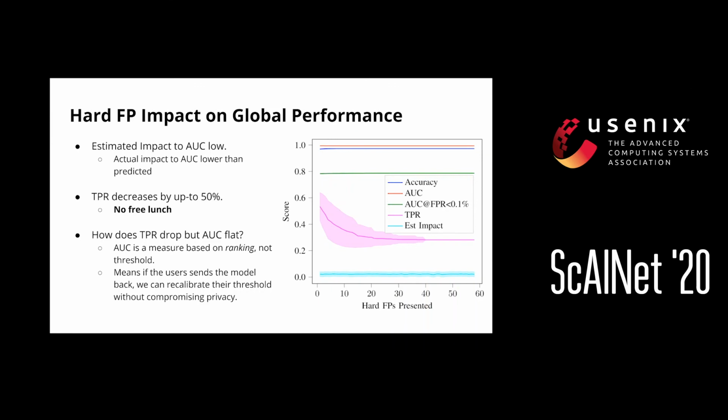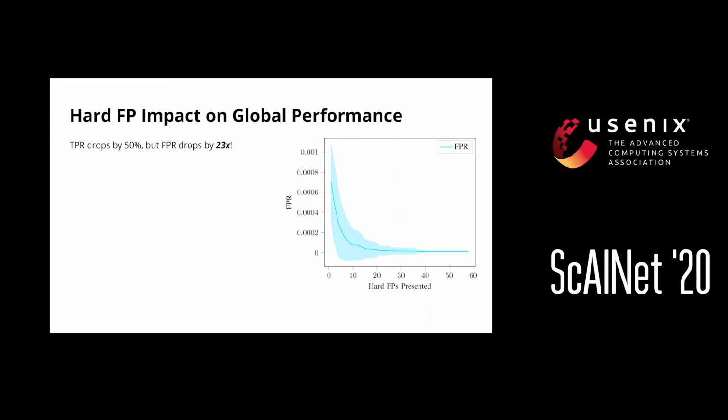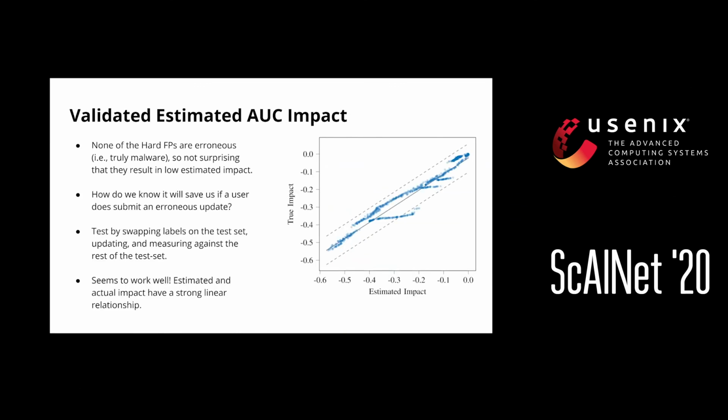Then we get exactly the same performance as before, but no hard false positives. So though the true positive rate does decrease by up to 50%, the false positive rate drops by 23 times. It's still a reasonable trade-off, especially when you have an issue that is false positives.